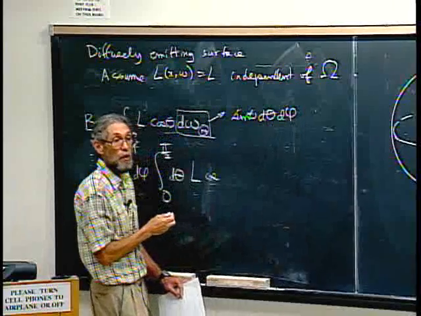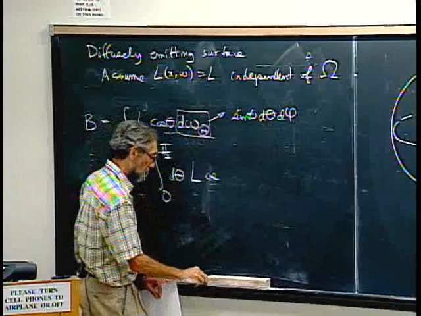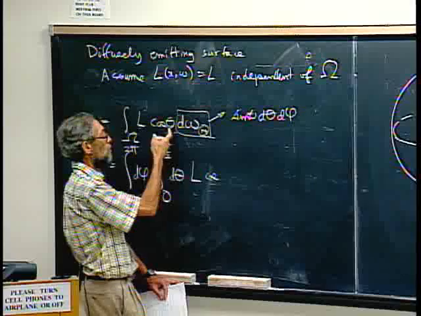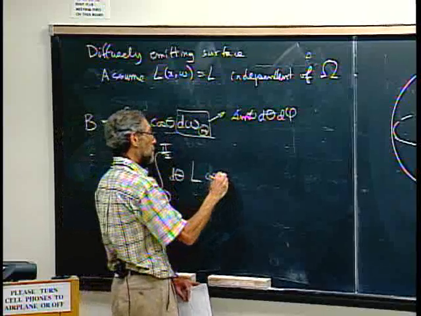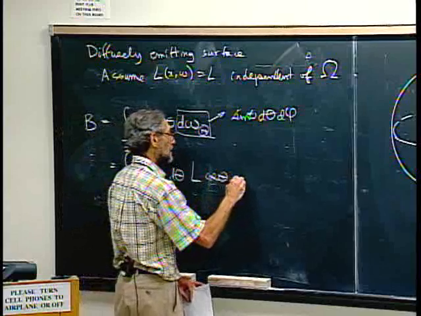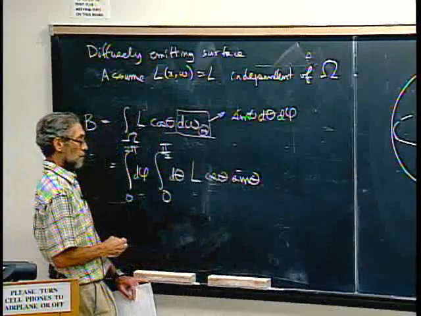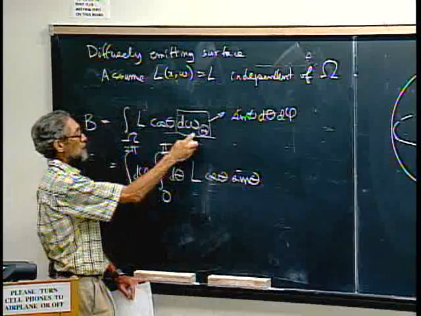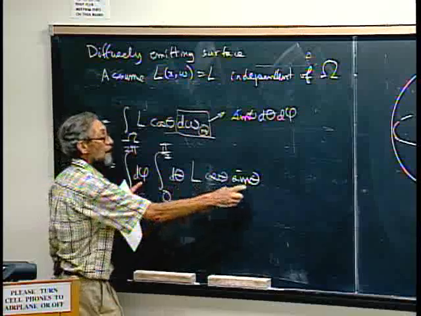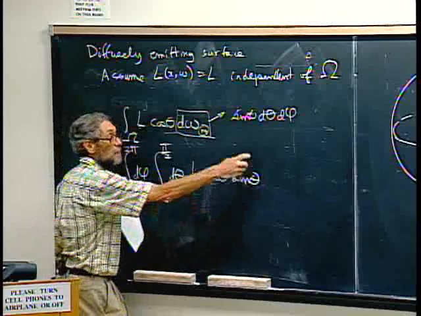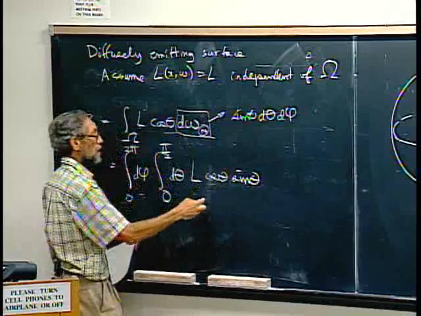That's what I had on the other board for solid angle measured in spherical coordinates. I'm going to need spherical coordinates to do this integral because it has the cosine theta, which is a spherical coordinate. So basically I have cosine theta sine theta. So I've turned this into a double integral, and my d theta, d phi, sine theta make my d omega, and then the L cosine theta is right here.